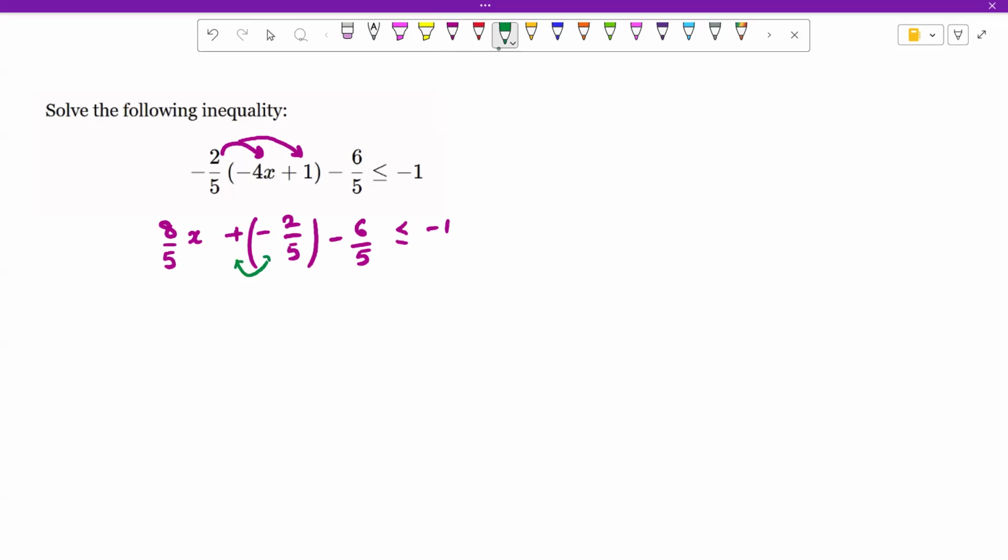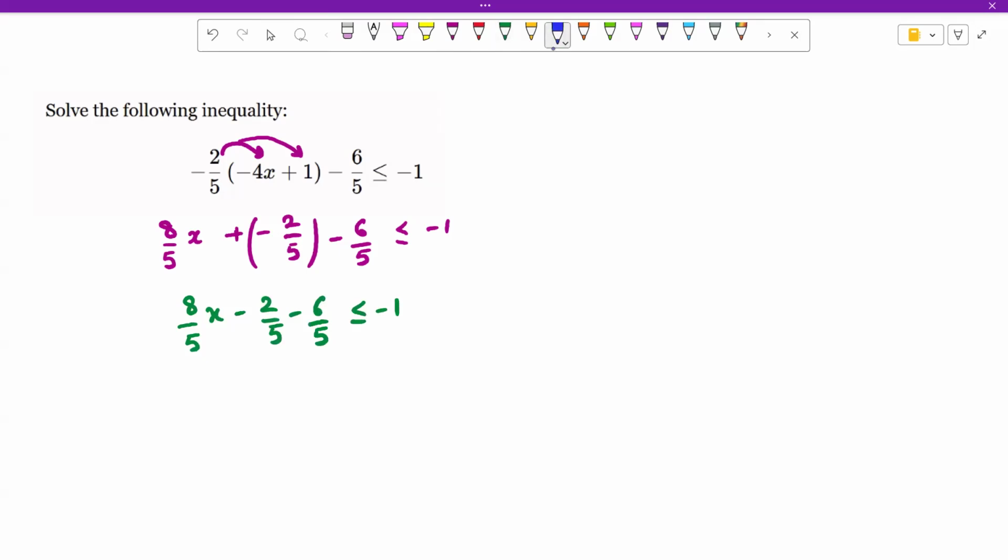What do we do with them? Well, we can take out the plus, right? Plus minus becomes what? Minus. So it becomes this.